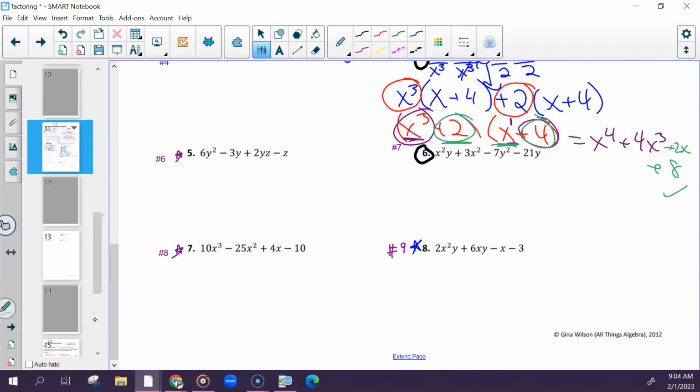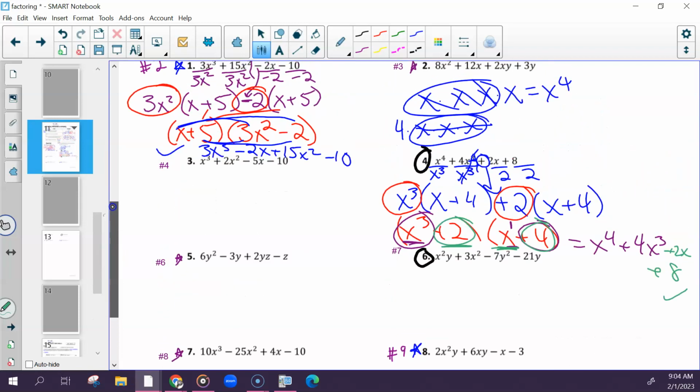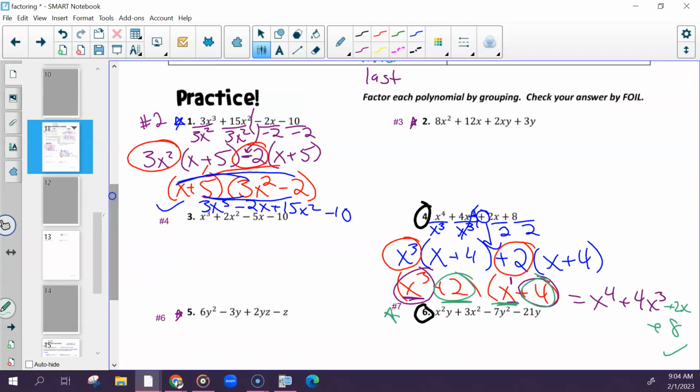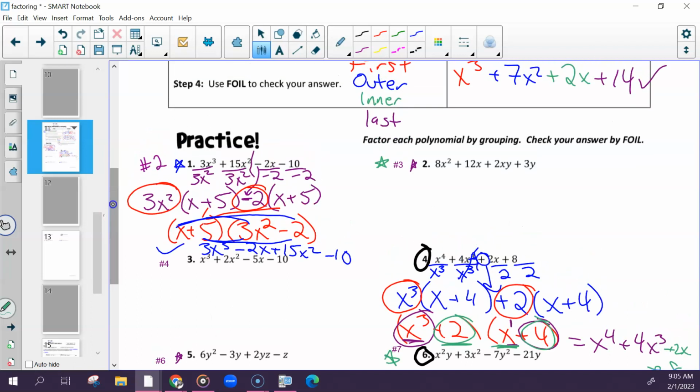Okay. What is the next one we want to see? You just did 6. I was going to say 2. You can go back into 2. Okay, so we'll do 2 and then 6. Find the GCF of the first two.